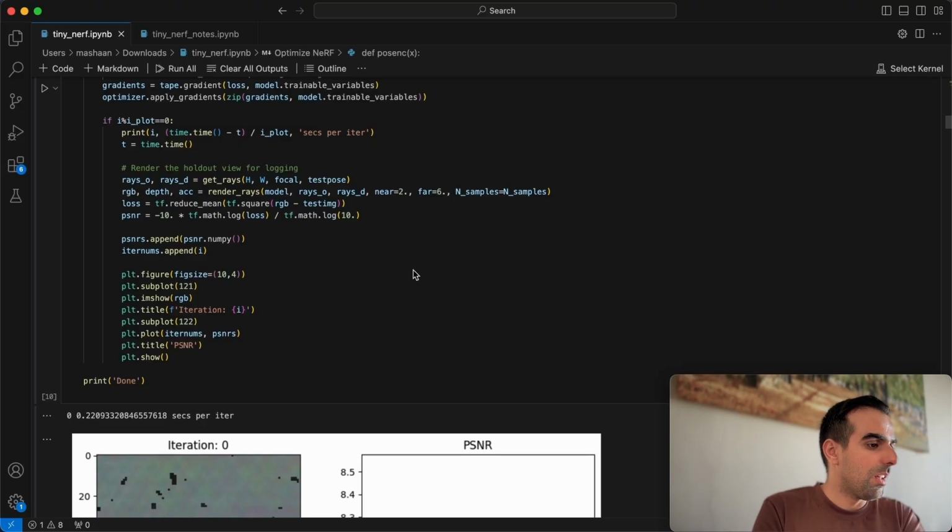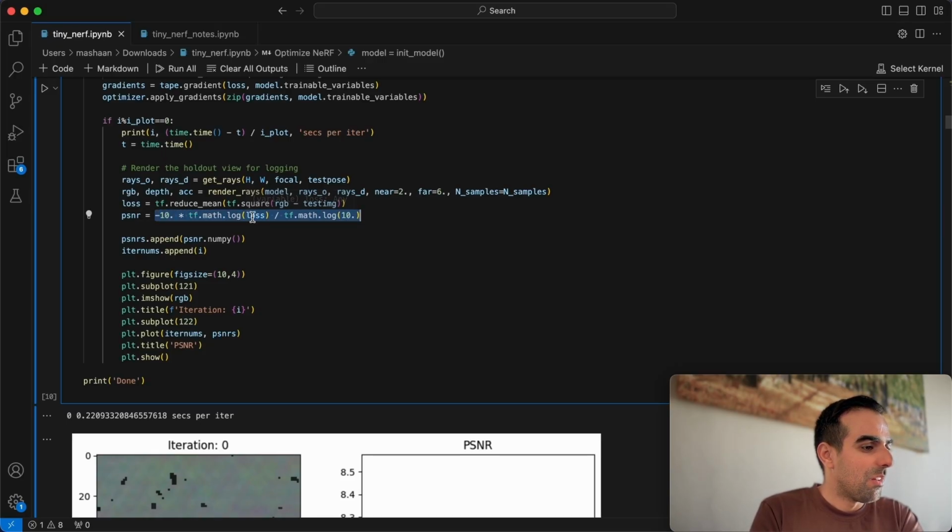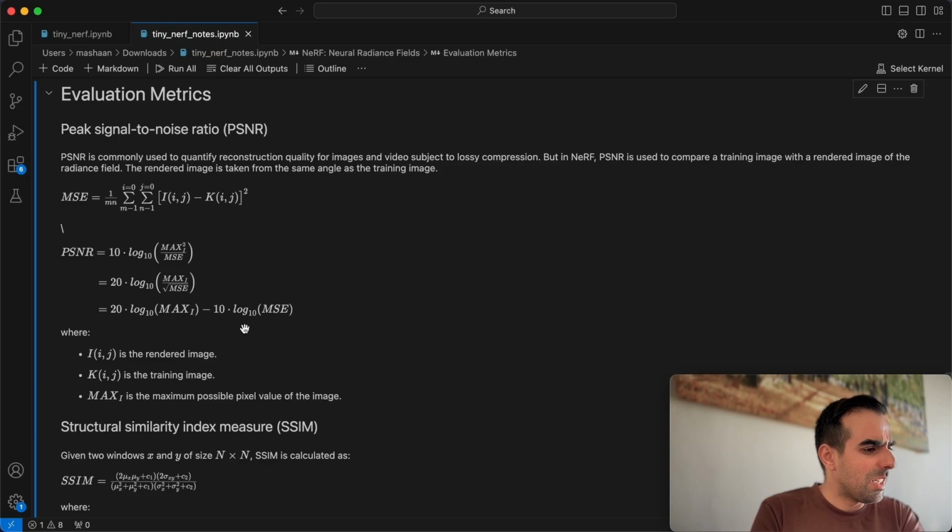But when I looked at the PSNR implementation here, I only found -10 times the loss, which is the mean squared error, divided by log of 10, and it didn't match the formula that I found in papers and in Wikipedia, because this is the formula: you have to perform 20 log to the base 10 of the maximum value in an image, minus 10 log to the base 10 of the MSE. So I found this very confusing, because it seems that they are only taking this part here.